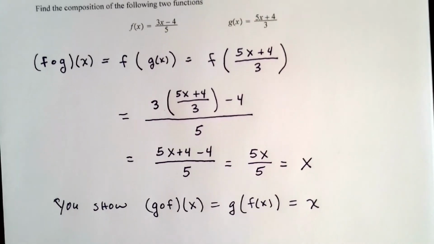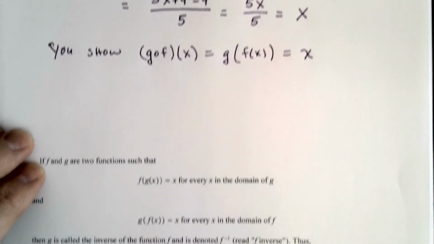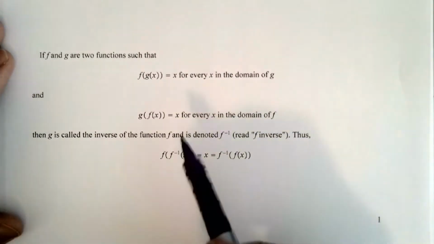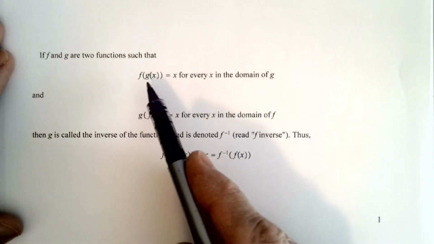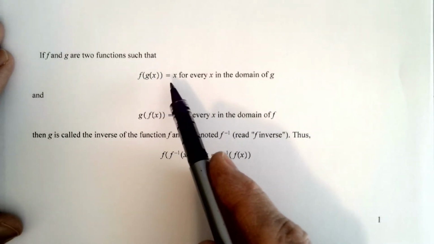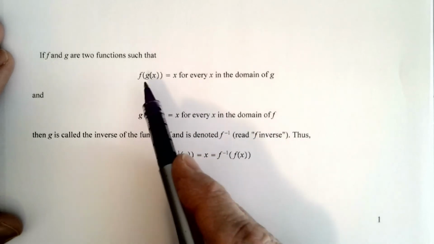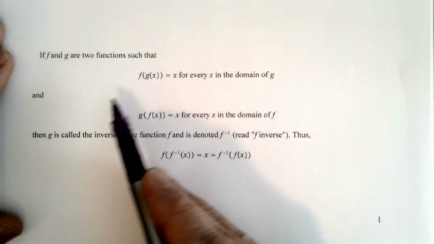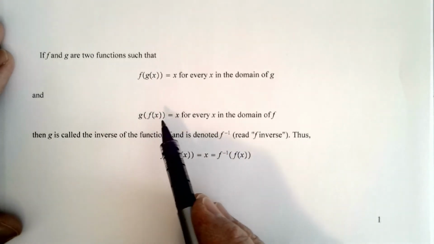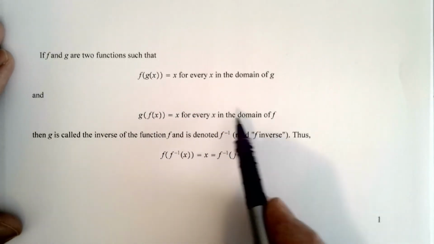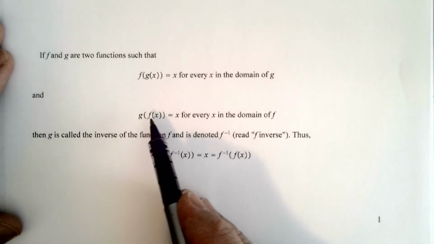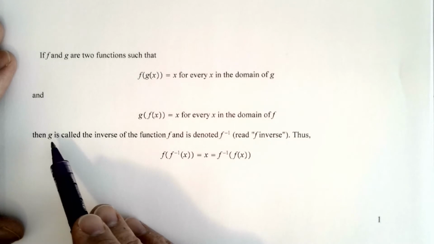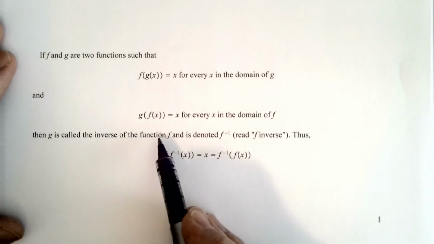It doesn't always happen, as we saw in the last lecture when we were talking about compositions. But if I have two functions where f circle g, or f of g of x, equals x for every x in the domain of the function g, and then g of f of x also equals x for every x in the domain of f, which is our inner function now, then, as I've shown above, the function g is called the inverse of the function f.